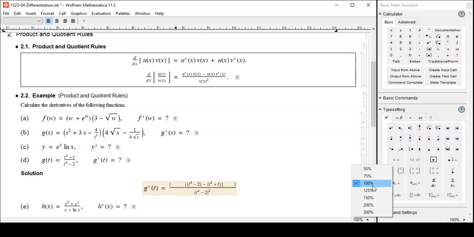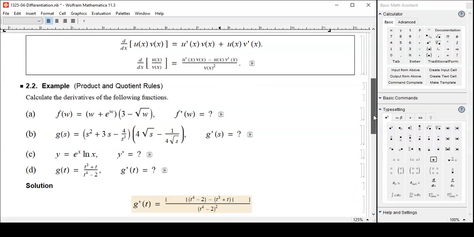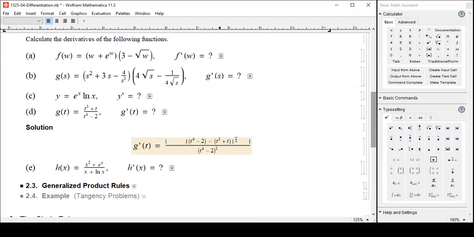Maybe a little bit bigger font will help. Now, what's this derivative here? Derivative of the numerator. 3t plus 1. Is that clear?